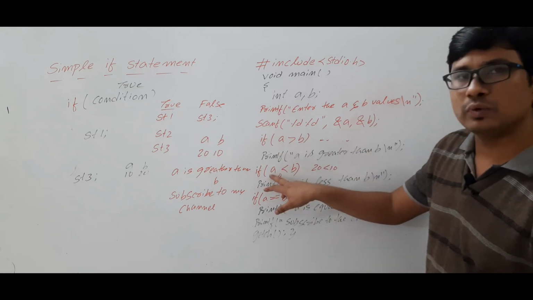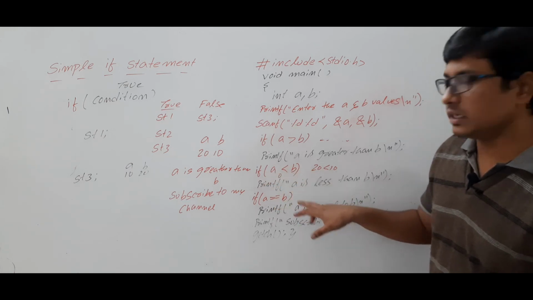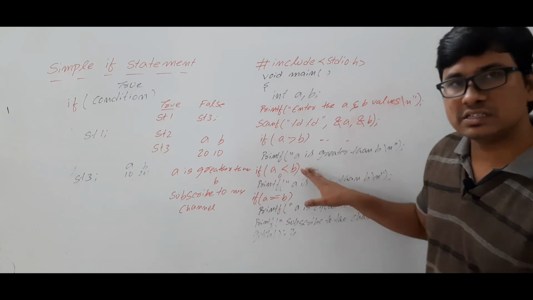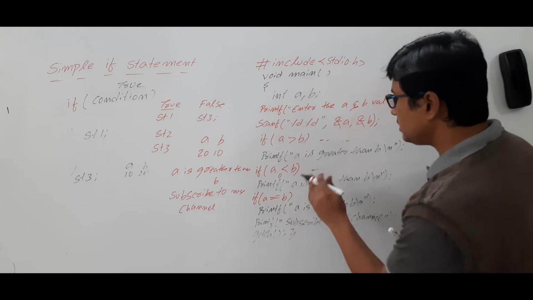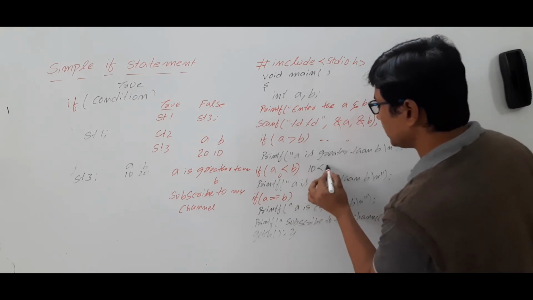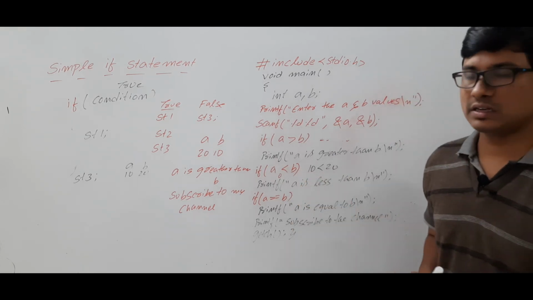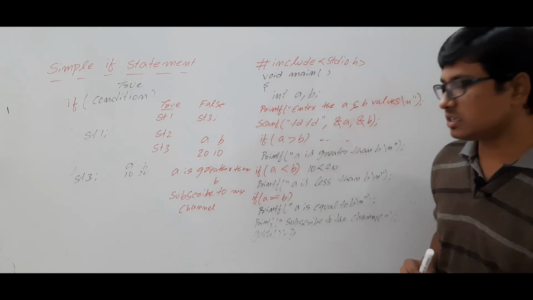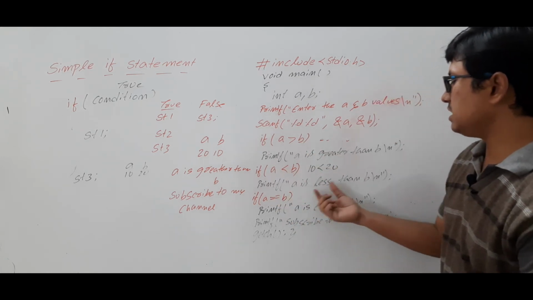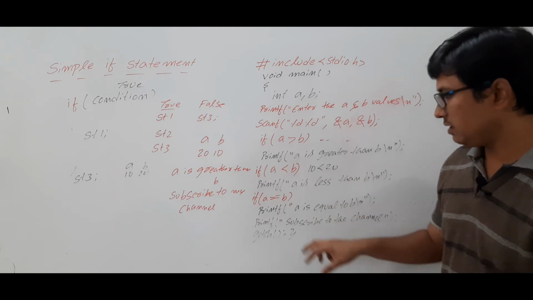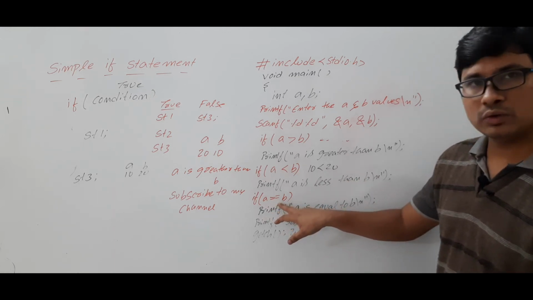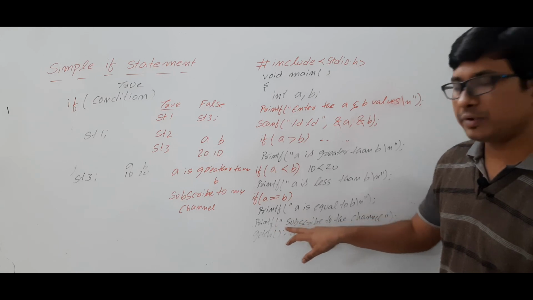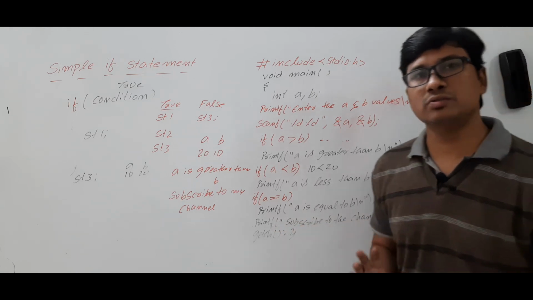Now look at this one, a is less than b, is 10 less than 20? Yes, the condition is true. If this condition is true, the statement in this if block, "a is less than b", will be displayed. And is 10 equal to 20? No, then printf "subscribe to my channel" also will be displayed.